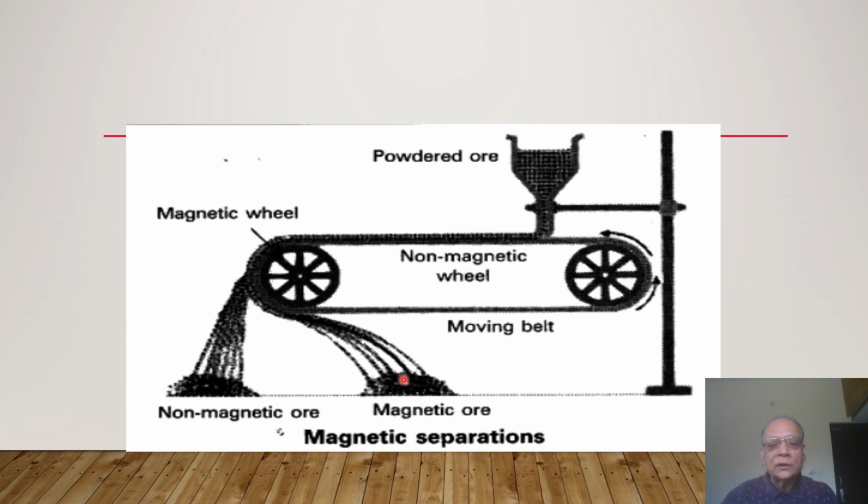So this process is run several times to obtain maximum separation of the ore from its gangue. This is the non-magnetic gangue, and this is the magnetic ore. And then it is taken for further processing by chemical methods.